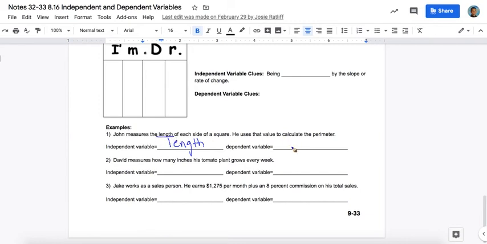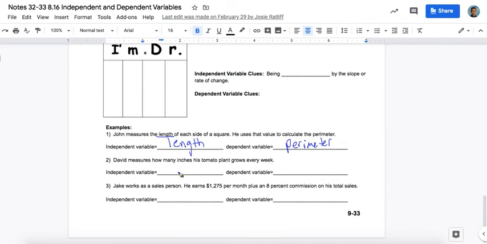And the dependent variable is going to be the perimeter because you're going to manipulate the length and the perimeter is going to respond, okay? So basically the perimeter depends on whatever the length is, okay?